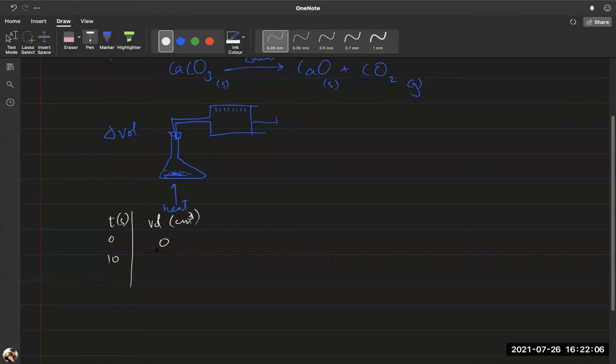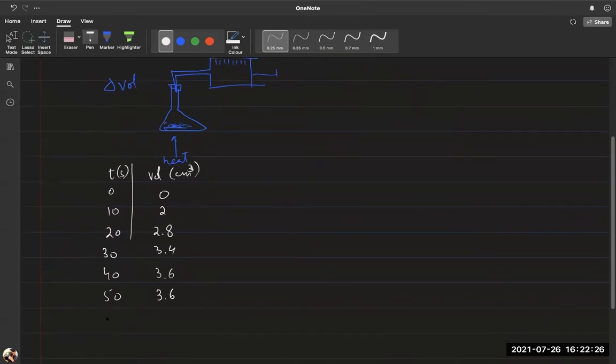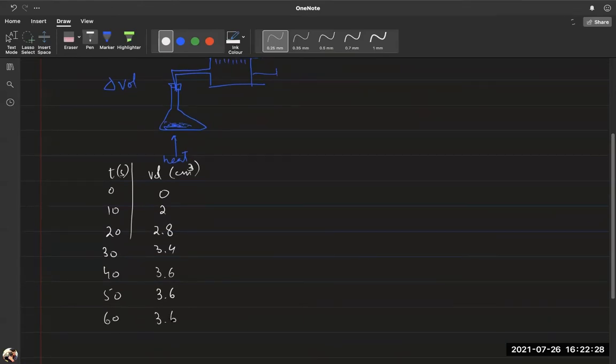At 10 seconds, 2 centimeter cube collected. At 20 seconds, 2.8 centimeter cube collected. At 30 seconds, 3.4 centimeter cube collected. At 40 seconds, 3.6 has been collected. And at 50 seconds, it is still 3.6. At 60 seconds, it's still 3.6.